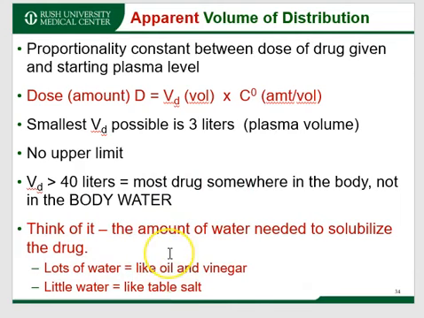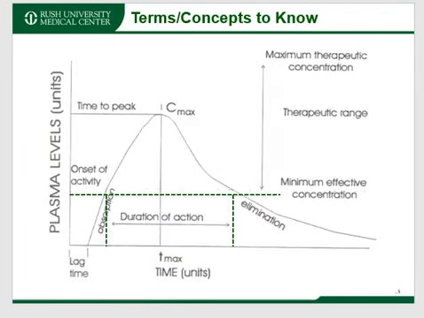It behaves like oil and vinegar. These two things do not want to combine, and it takes copious amounts of water to dissolve even a very small amount of oil. On the flip side of that, something like table salt would require very little water to dissolve.